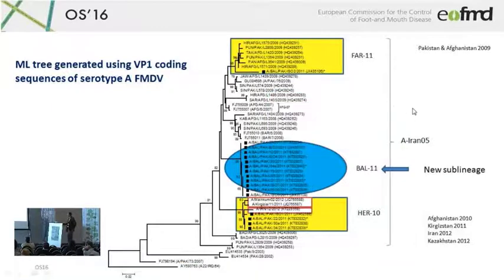The FAR11 sublineage viruses were very closely related to the viruses circulating in Pakistan and Afghanistan during 2009, whereas the HER10 sublineage viruses were very closely related to the viruses circulating in Afghanistan in 2010, in Kyrgyzstan in 2011, Iran in 2012, and Kazakhstan in 2012. For the new sublineage, we didn't find a close relative during BLAST.